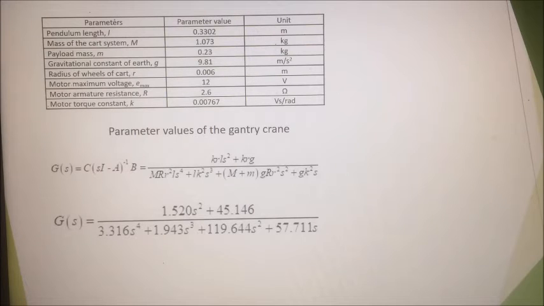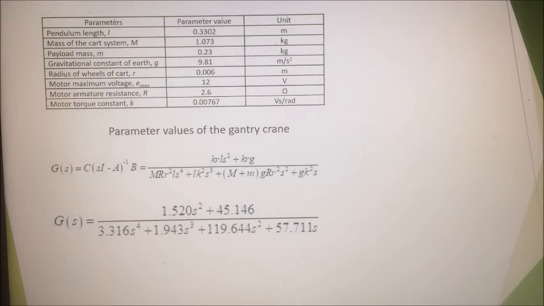Now is the simulation part. Before that, I need to define the values of the parameters in the tables before, so that I can obtain the transfer function of the system and do the simulation in MATLAB.